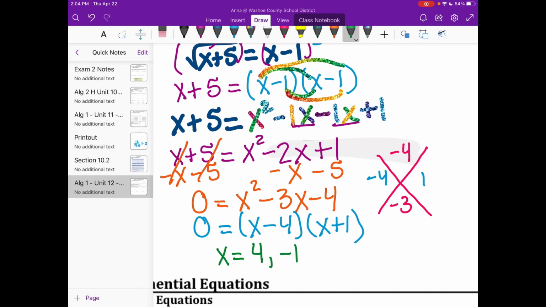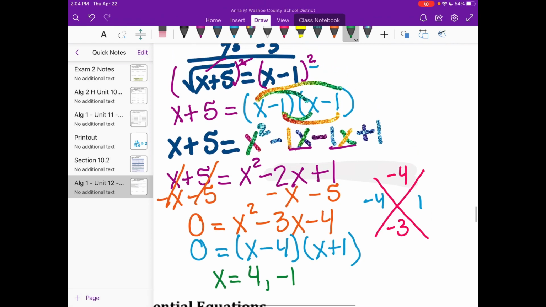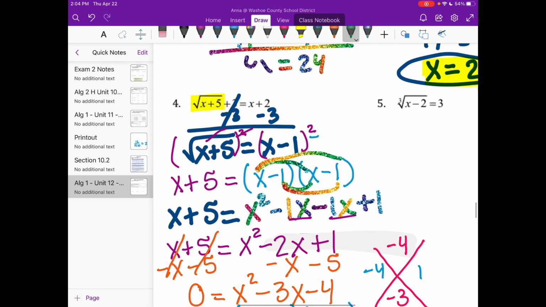Okay. Now, I'm going to show you something, and I'm okay with it in my class. I don't know if other teachers are cool with it, so you might want to check with your teacher. But if you go back to check for extraneous solutions, because I have 2 solutions, really the most important part is this part right here, this x plus 2.